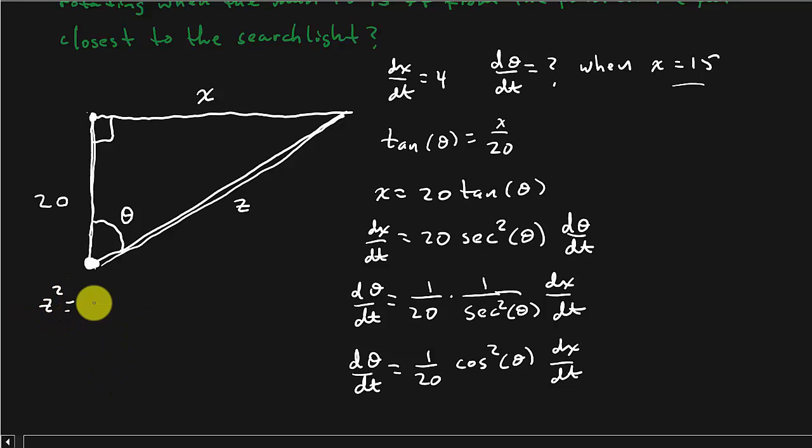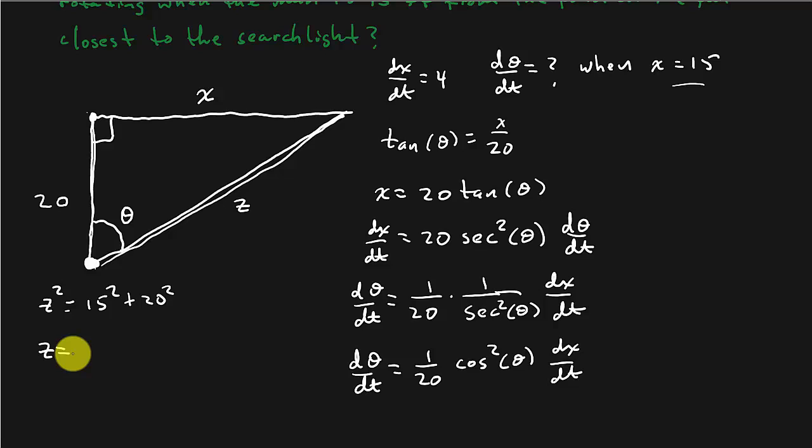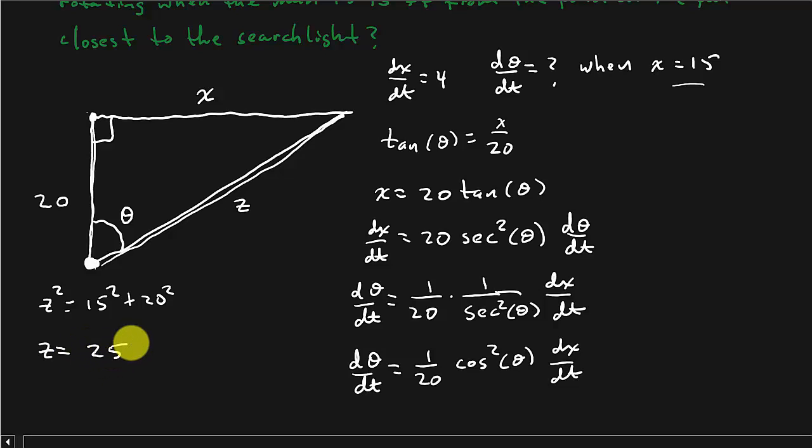Z squared is equal to 15 squared plus 20 squared. Sorry, I had that wrong at first; my brain's gone after the last problem. Then I take the square root of that, and that's going to be 25. So z is 25.